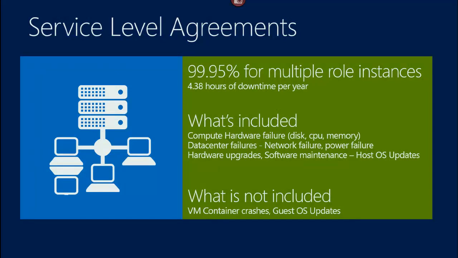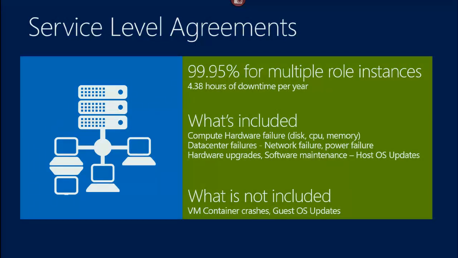And what's included in that is everything that's our responsibility. So the data center hardware, for example, the network, the servers, the disks, all our responsibilities. Even planned outages, because we go and update the host operating systems. The root OS is underneath all our servers. They're running Windows Server Hyper-V, and we patch them and we roll out security fixes and reliability improvements about once a month.